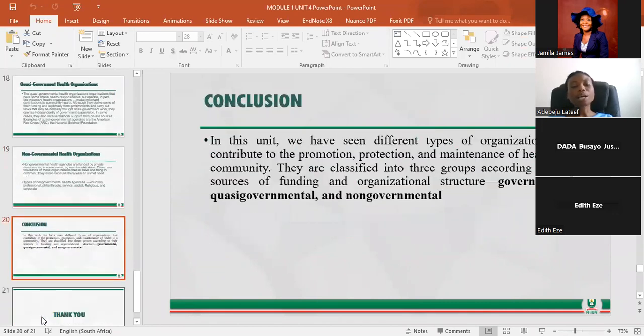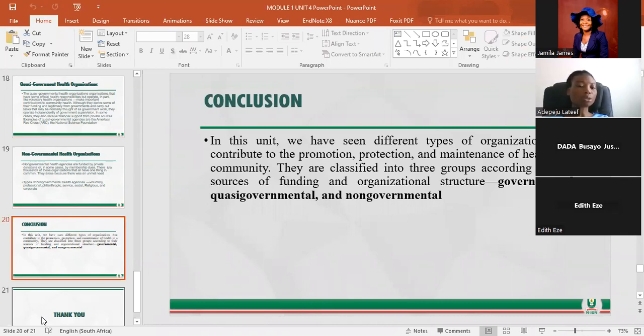In conclusion, we have looked at the different types of organizations that contribute to the promotion, protection, and maintenance of health in the community. We classified these organizations into three categories.